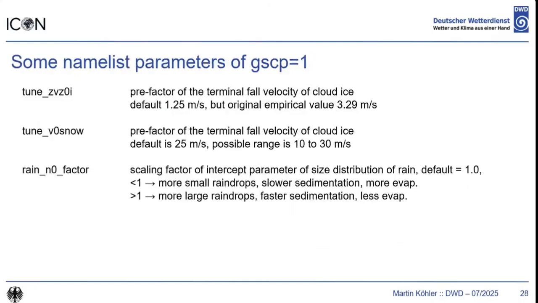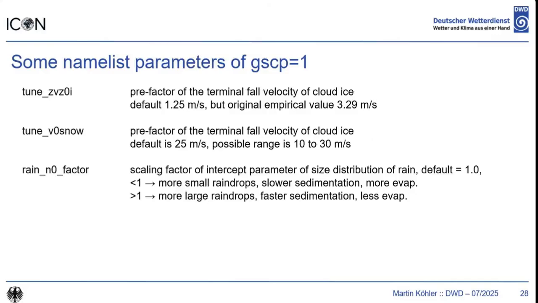Again, the namelist parameters. One very important one is the fall speed of ice particles. So if you let the ice particles settle down a little bit further, then you have a massive impact on the long wave radiation that exits from the top because the temperature changes.